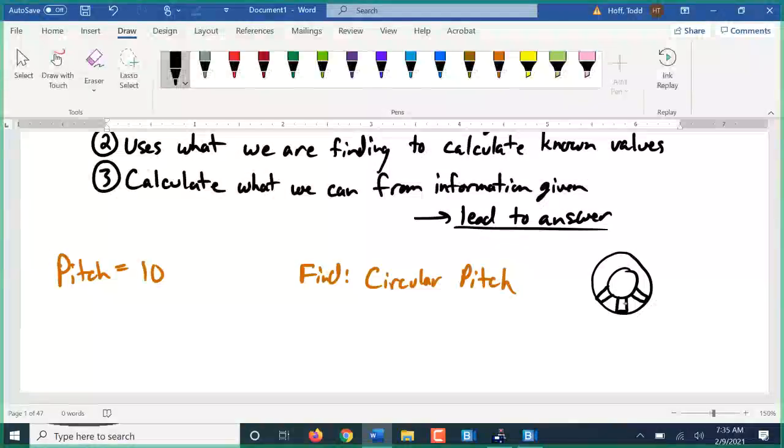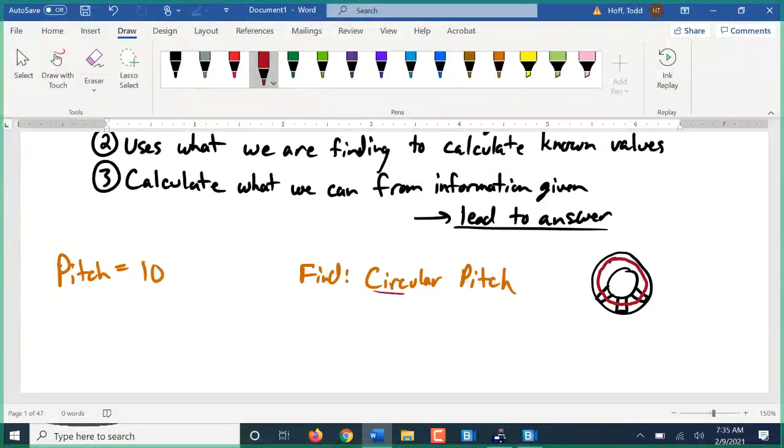When two gears mesh together, their pitch circles, which is somewhere between the inner and outer diameters, those pitch circles touch. So it's the effective size of the gear when it's meshing with another gear.